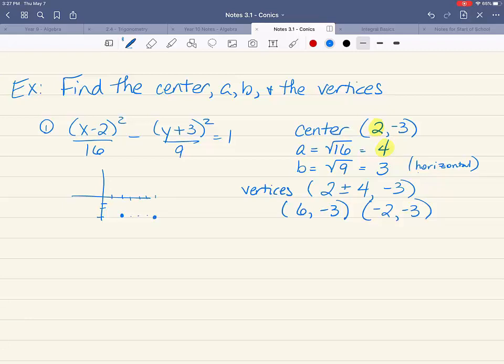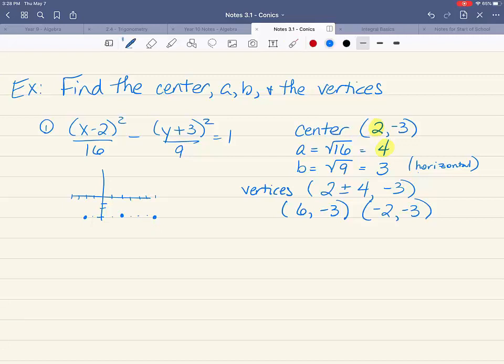There's my right-hand vertex, which is the 6, negative 3 that I wrote right here. And then I'm going to go left. 1, 2, 3, 4 to get my other vertex, and that left-hand point is this one, negative 2, negative 3. Some of you can just do it this way. I'd like you to get to that point if you can, but if you're having trouble understanding the math, draw the picture. It doesn't hurt. It shows you better where those points are and gives you a visual representation of what's going on.